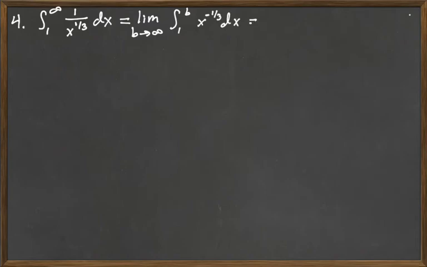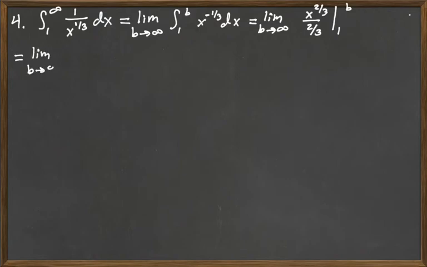So to motivate that, let's take a nice concrete number like 1/3, which is less than 1. So the integral from 1 to infinity of 1 over x to the 1/3 dx is equal to the limit as b goes to infinity of the integral from 1 to b of x to the negative 1/3 dx, which is equal to the limit as b goes to infinity of x to the 2/3 divided by 2/3, evaluated from 1 to b.